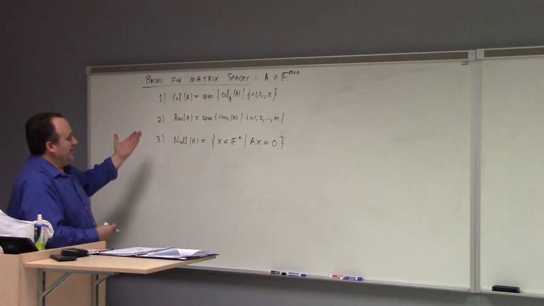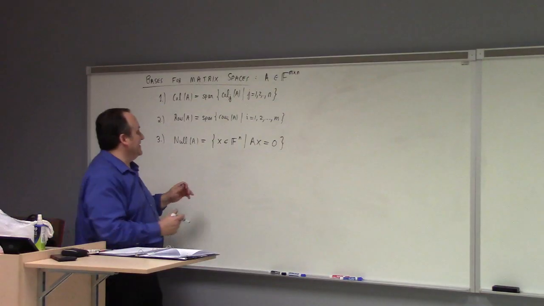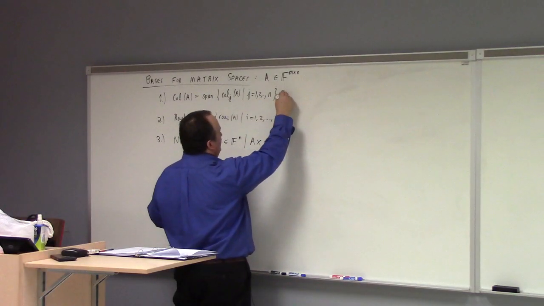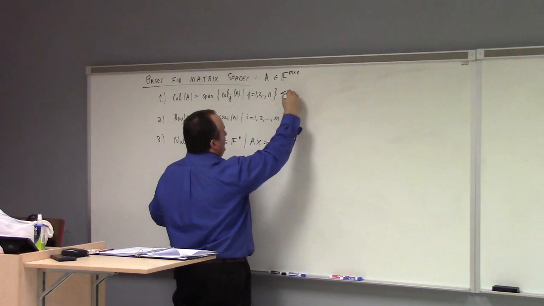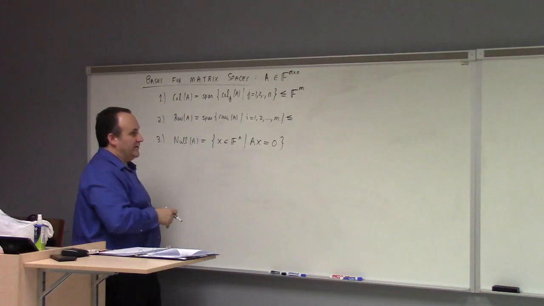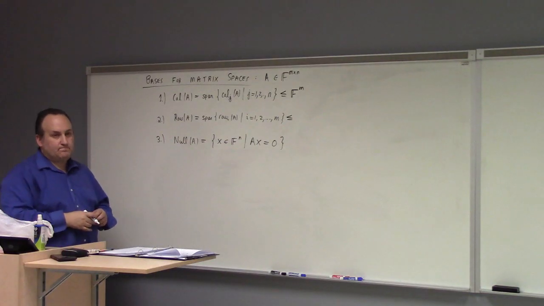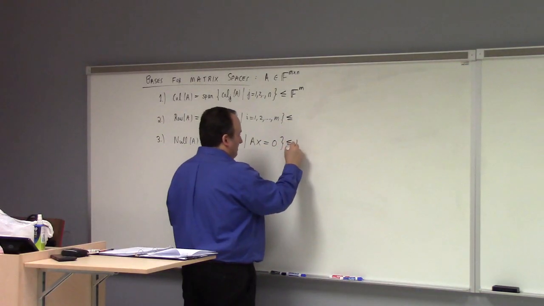And since we have the span theorem, the fact that the column space and the row space are subspaces is also no work at all. It's manifestly clear by the span theorem. The column space is a subspace of F^m, because every column is formed with m rows, which makes it an m-vector. The null space is a subspace of F^n.